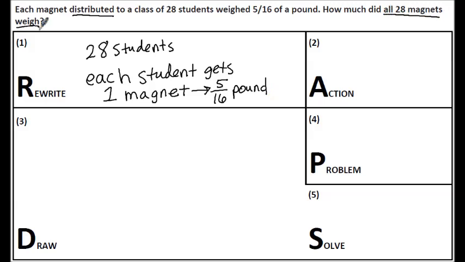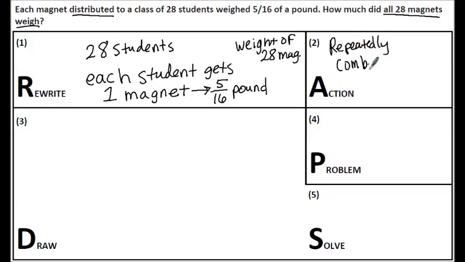So we are going to take the weight of one magnet and combine it with all 28 of the magnets that we passed out to each of these 28 students. So we're trying to find the weight of 28 magnets combined. So each one has the same weight, and I am repeatedly combining that same weight over and over again 28 times.